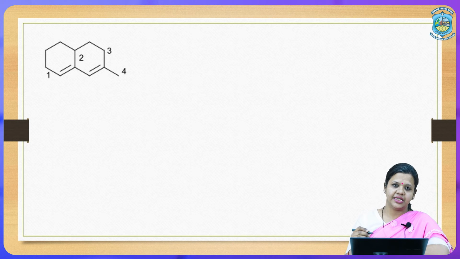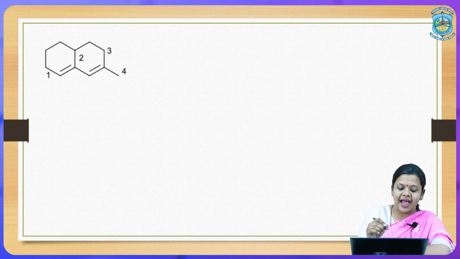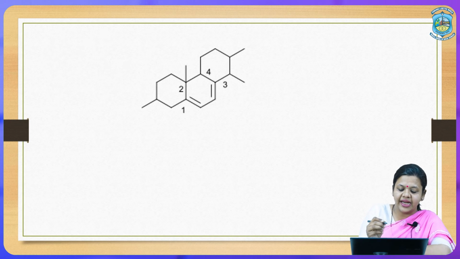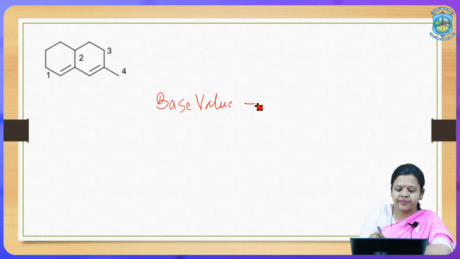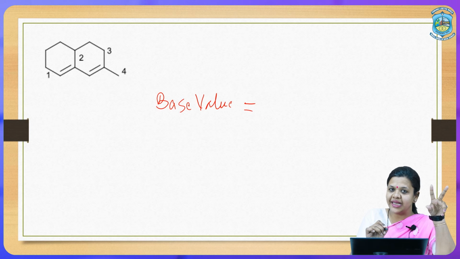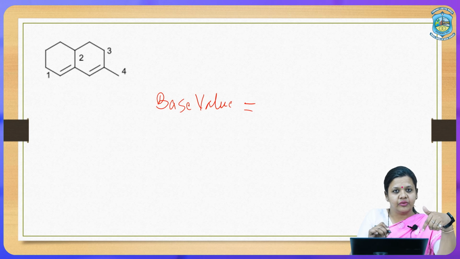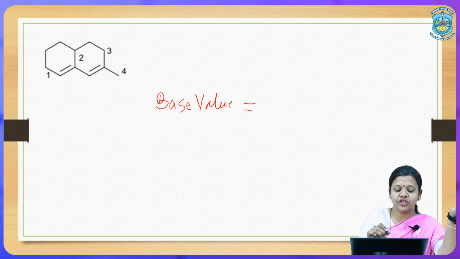Whenever we are calculating lambda max using the Woodward-Fieser rule, we have to first write the base value or the parent value, whatever you call it. We know there are 2 base values. Since it is a cyclic molecule, you must see whether it is homoannular or heteroannular.